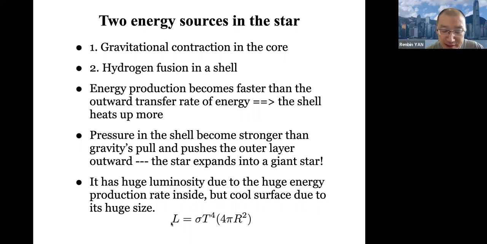So although luminosity is increasing, it doesn't increase as fast as the surface area. The surface area gets much larger, much faster because of the bottleneck of energy transfer, and so the temperature of the star will actually drop because the luminosity is only going up a little bit, but the surface area goes up a lot, so the temperature has to drop to compensate for the increase in surface area.